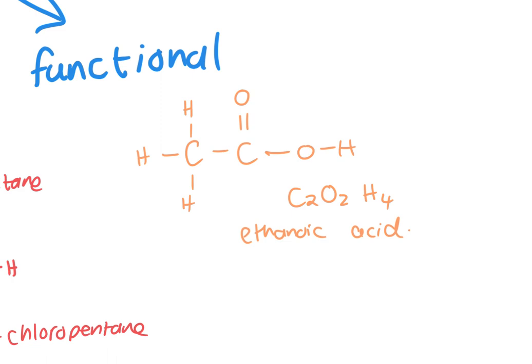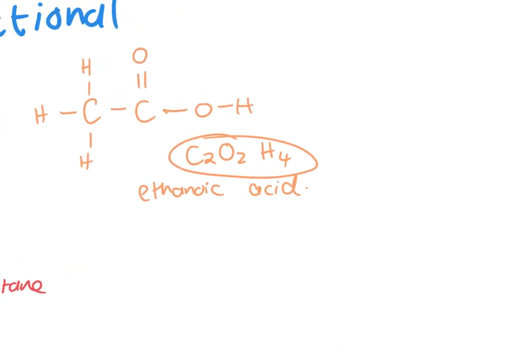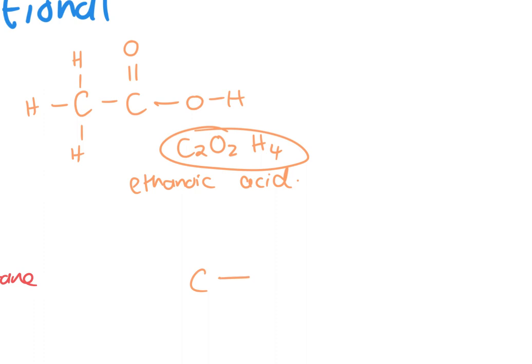In other words, what is a functional isomer with the same formula? And the way that you draw that is you just basically, you draw an ester. So you know an ester has C with a double bond O connected to an O with another C. So that's your basic structure, and then you add in your hydrogens.